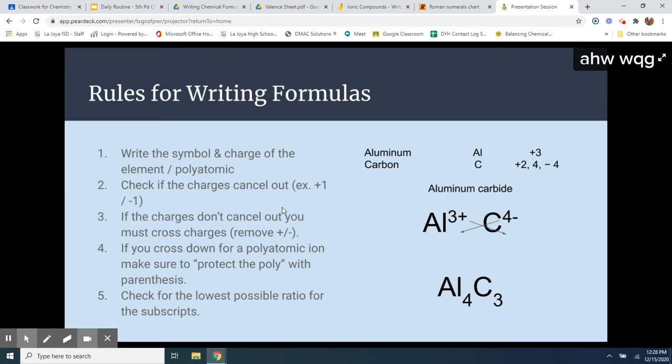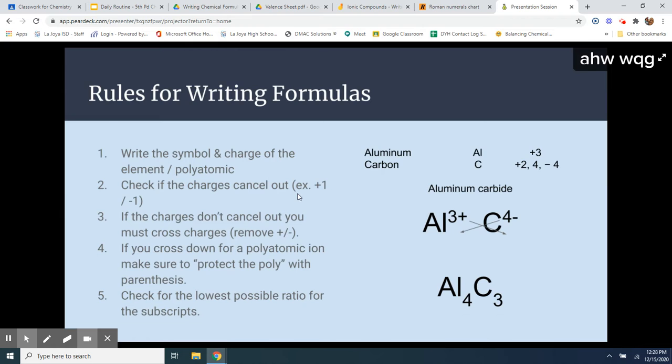Step 5, check for the lowest possible ratio for the subscripts. If you can divide the subscripts, divide them. If it's a poly, you can only divide what crossed down. You cannot divide the subscripts that are part of the poly.